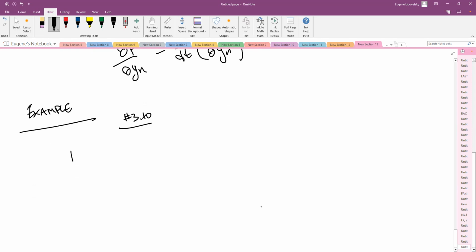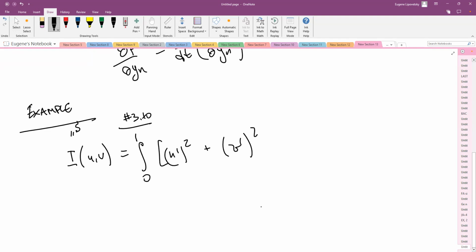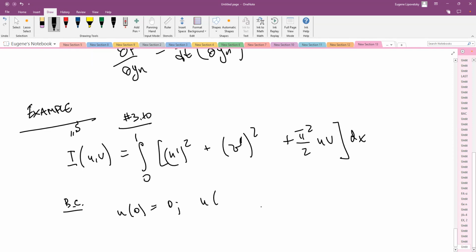Here, the I of U and V, that's what I call S, equals the integral from 0 to 1 of U prime squared plus V prime squared plus pi squared over 2 UV dx, with boundary conditions U of 0 equals 0, U of 1 equals 1, V of 0 equals 0, V of 1 equals negative 1.